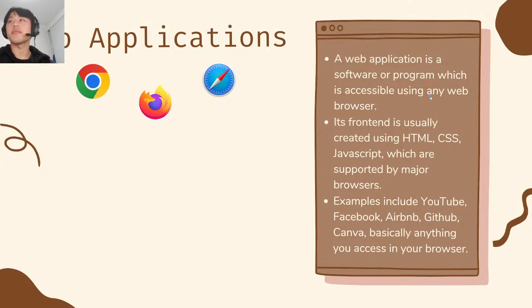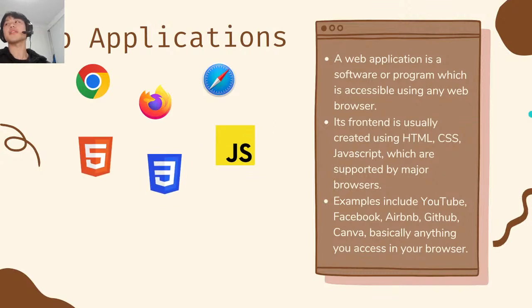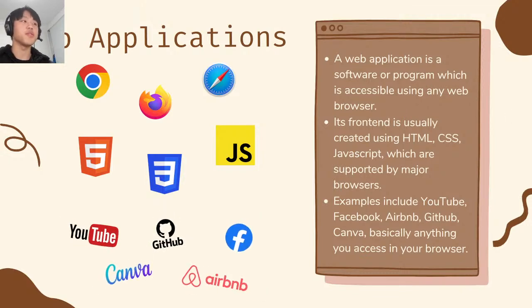There are a lot of different ways to make web apps, different languages you can use. The front end is usually created with HTML, CSS, and JavaScript together, but there are lots of frameworks you can use. There are lots of different technology stacks you can use. Some examples of web apps are YouTube, GitHub, Facebook, Airbnb, and Canva. So like anything you can access in your browser, really.